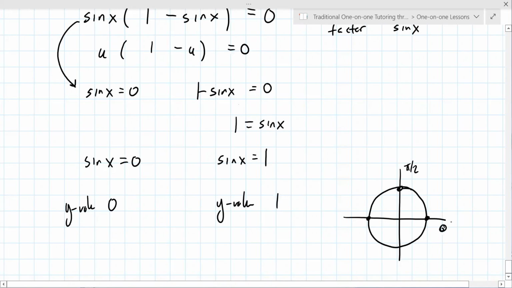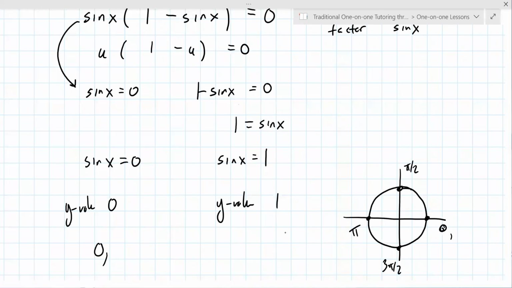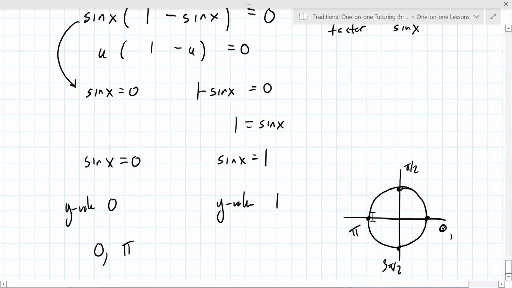So the preference is for 0, not 2 pi. So it's 0. Is there any other place? Okay, it's also at pi. The y value is also 0 at pi because you're back on the x-axis. And then the y value of 1.